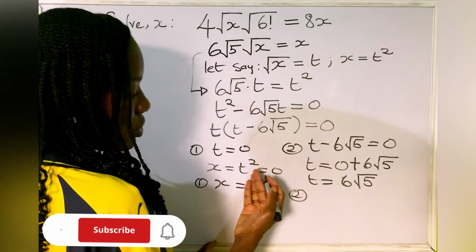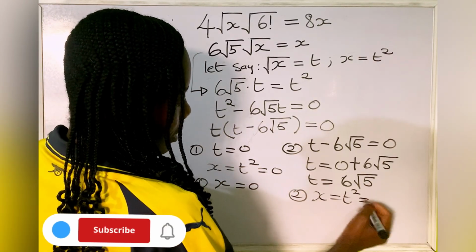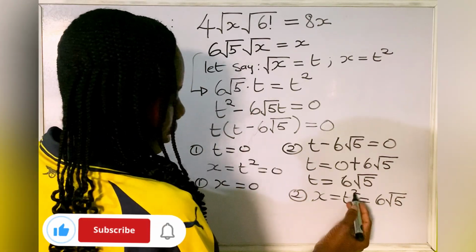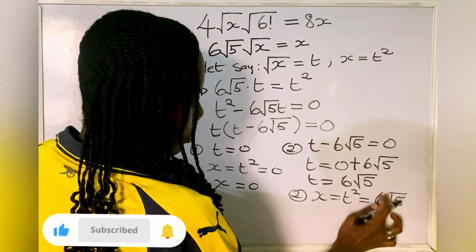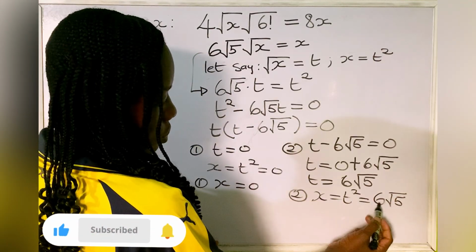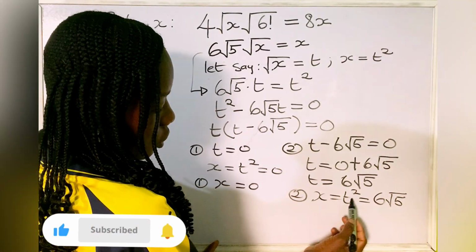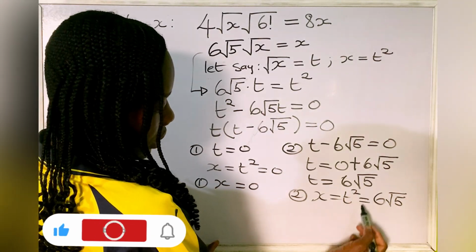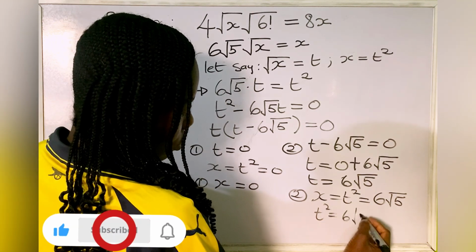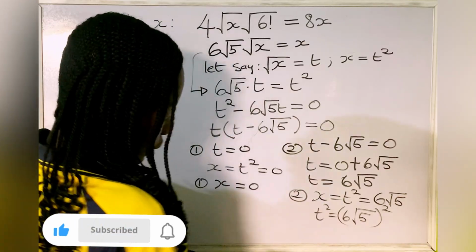Okay? So for equation 2, if x is equal to t squared, and our t is what? 6 root 5. But it's squared, so we have to do what? t squared is equal to 6 root 5, all squared, okay?